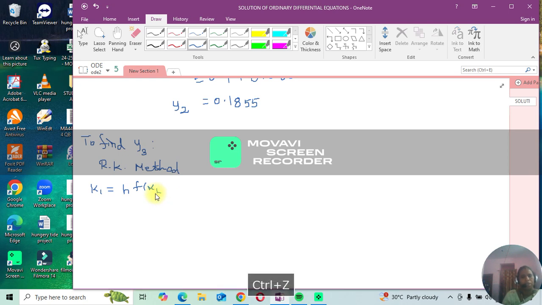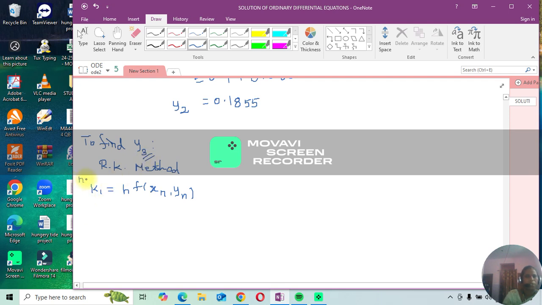But what we need is y3. So what do we have to substitute for n? Now our aim is to find y3. Actually, first I would like to tell what the yn plus 1 formula is.